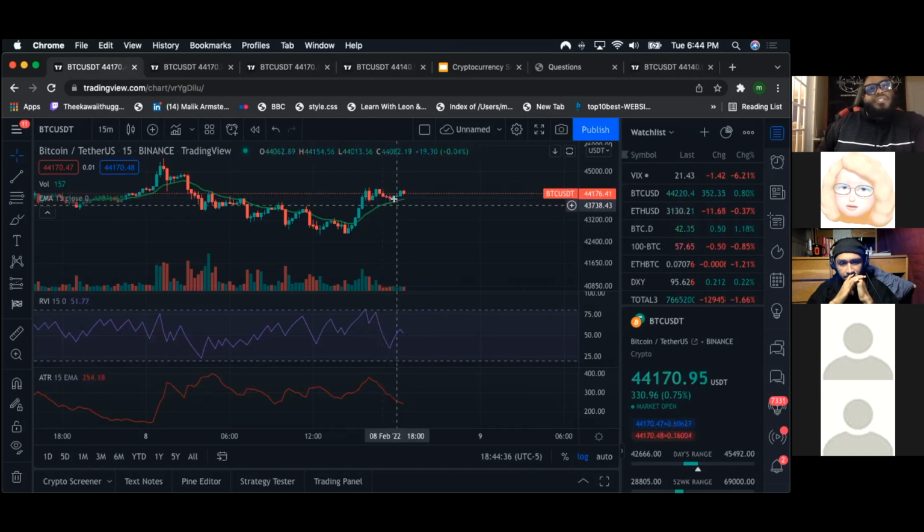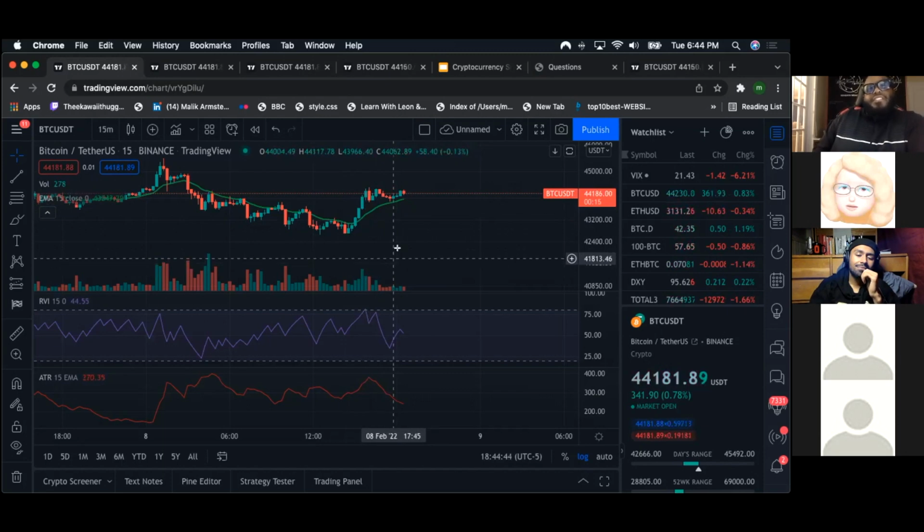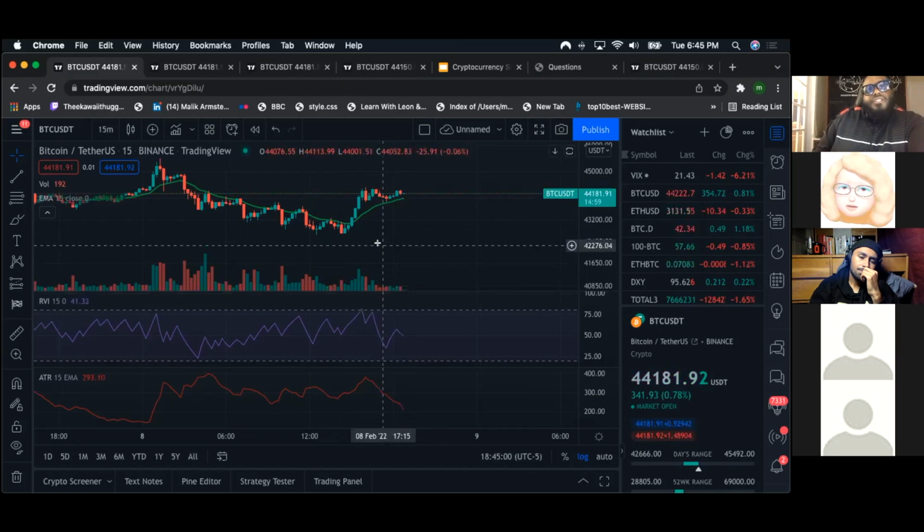So here we are on a 15-minute time frame. But also remember, it's New York time, 6:45 p.m., but it's 6:45 a.m. in Asia. More than 60-70% of cryptocurrency traders are in Asia, and you can see that the volume is low. So even though Bitcoin is bullish, it's still only 6:45 a.m. in Asia.